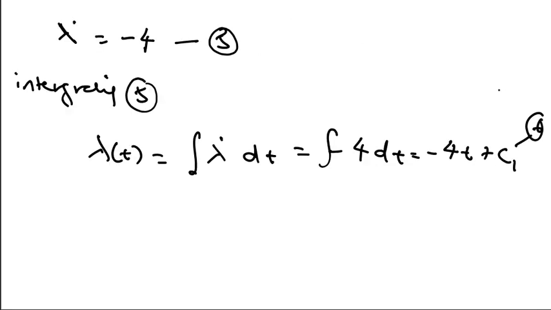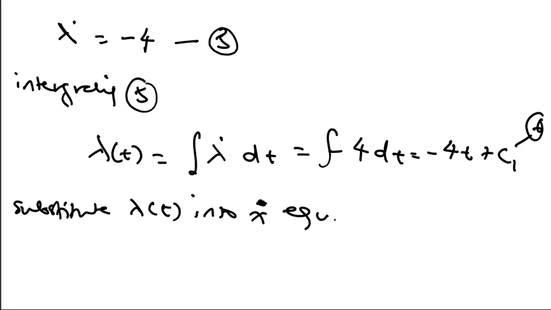So we need to substitute lambda t back into that x dot equation. When we substitute it, we get something like this.